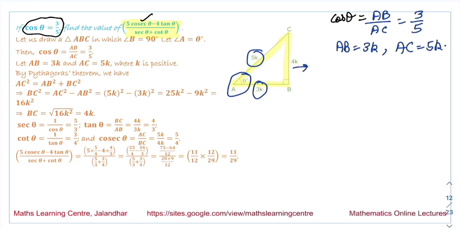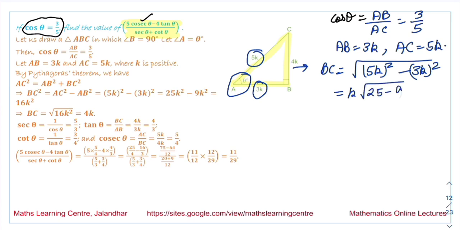So the value of BC will be equal to square root of 5k squared minus 3k squared. K comes out common. It is 25 minus 9, that is equal to 4k. So the value of BC is 4k. Now what values do we require?